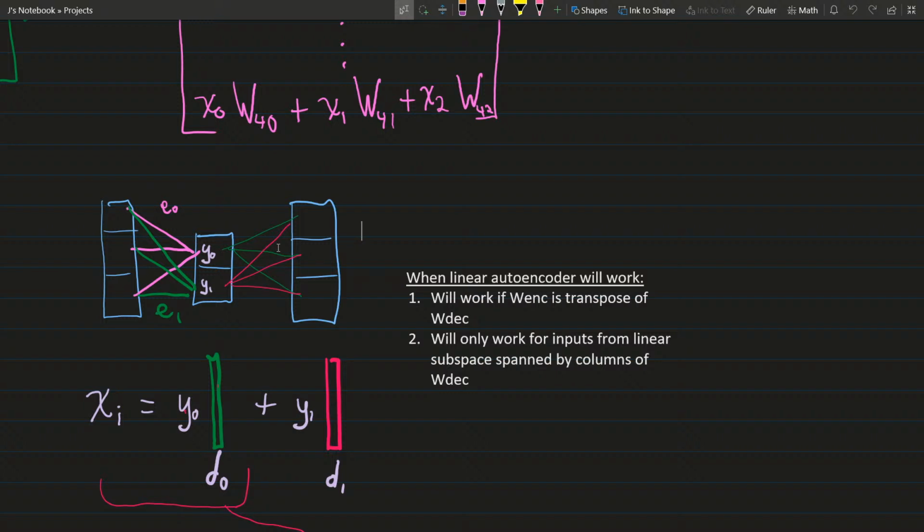Now, when you add non-linearities and also multiple layers, it's not entirely clear what's happening anymore.